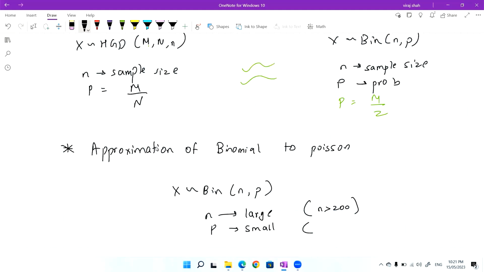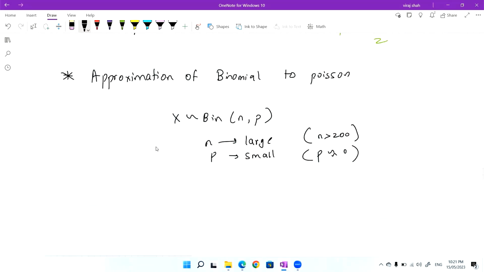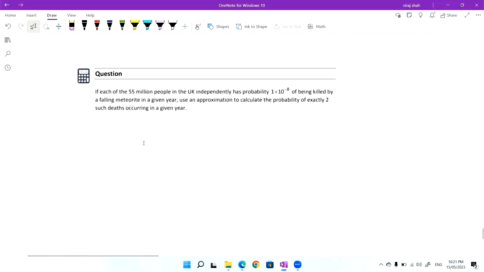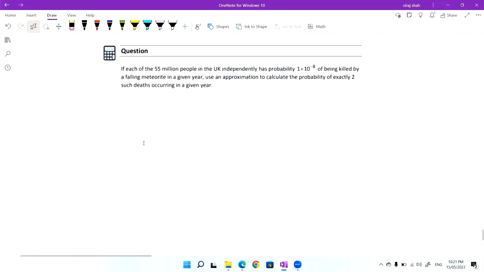It's a subjective term. So p is close to 0, like 0.01. In that case, you can convert this binomial distribution into your Poisson distribution with parameter lambda, where lambda is nothing but n into p. We'll see a few sums with respect to these approximations and your negative binomial, so you will understand in a better way. So let's start without wasting any time.